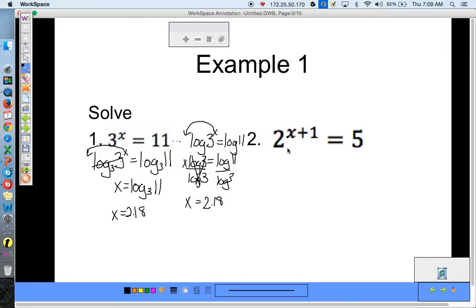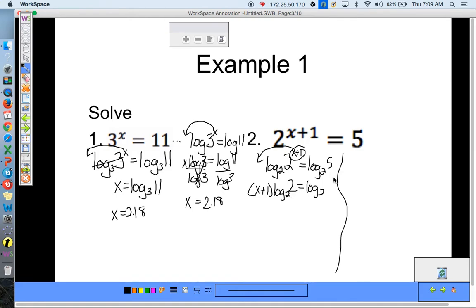So for example, this one, the first way we could log base 2 of 2 to the x plus 1, equals log base 2 of 5. Our exponent will come out in front. We know this is equal to 1, so we have x plus 1 equals log base 2 of 5.